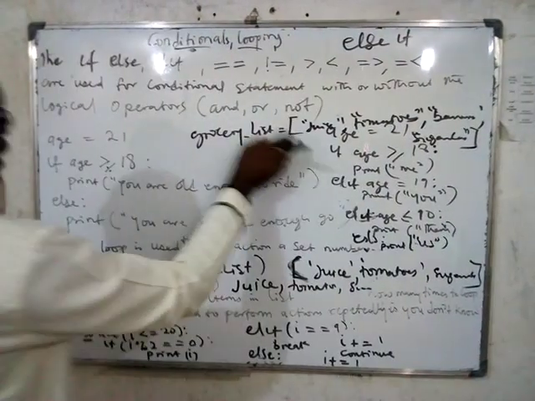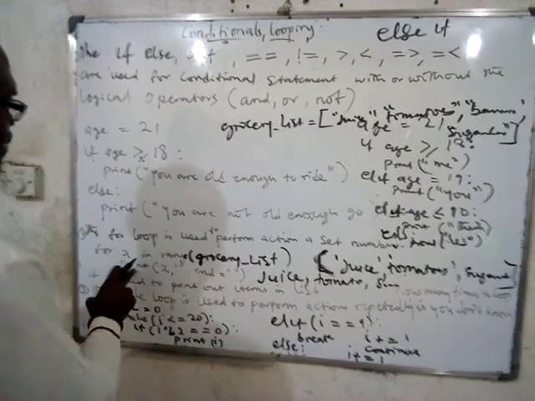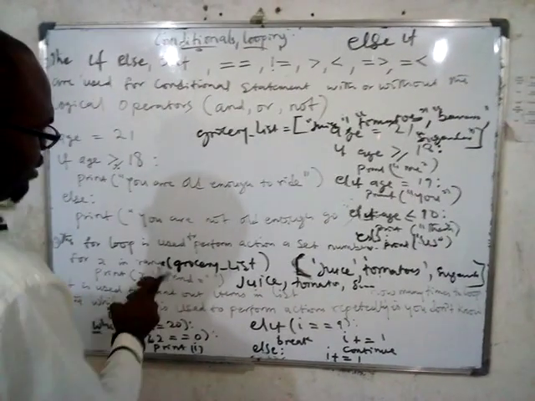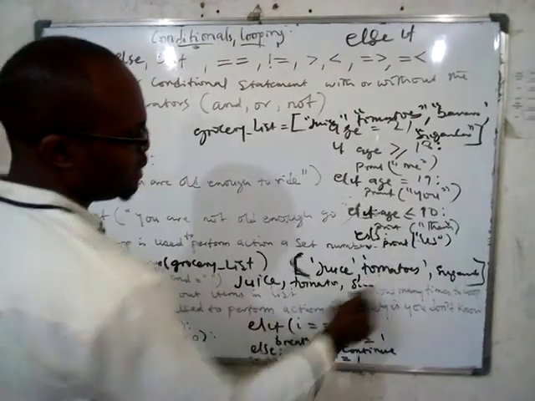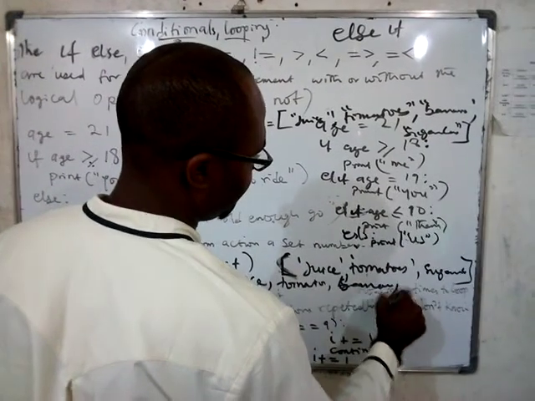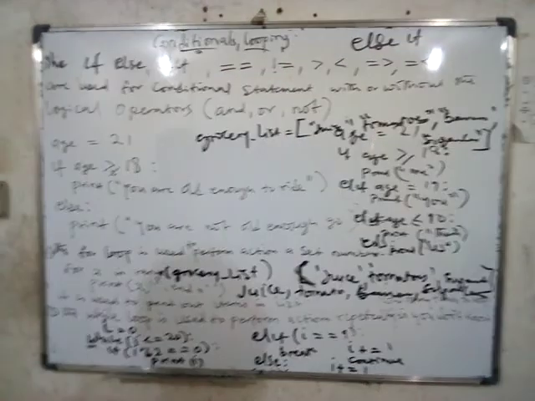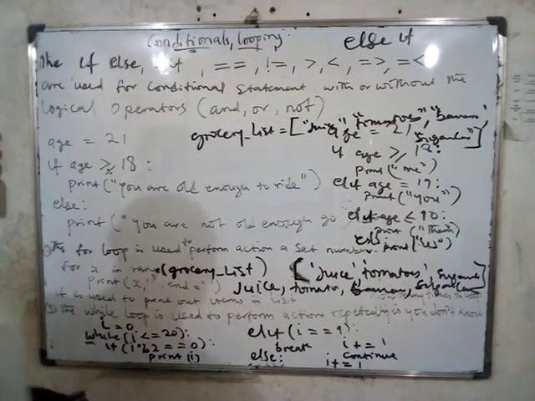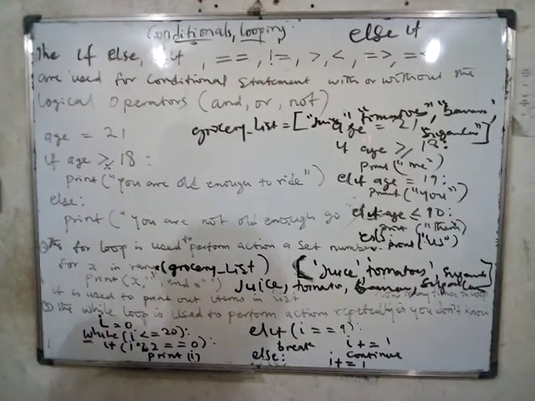So you create this like this so that when you now say for X in grocery list, print X, empty quote, end. So it will print it exactly like this: juice, tomatoes, banana, and sugarcane. So that's a brief summary of what these conditionals and looping statements do in Python programming.